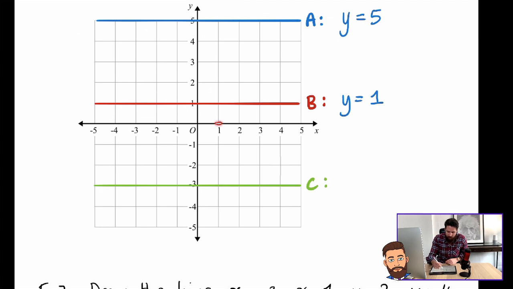No matter which x point you choose, y is always -3, always. So it must be y equals -3. Okay, and it is as simple as that. Whichever axis the line is going through is the equation. If it goes through the y-axis, it is y equals. If it goes through the x-axis, it is x equals.